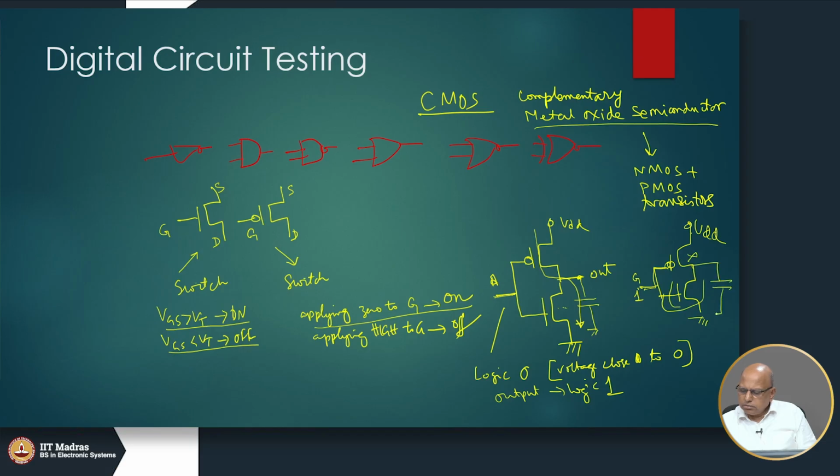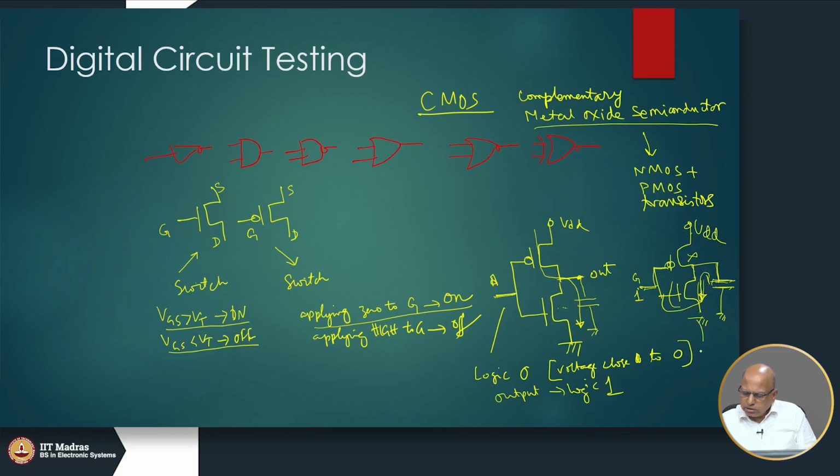And if there is a capacitance here which is charged, that will find a discharge path. So, soon the output capacitor will get discharged, and when the output becomes close to 0, then the NMOS will not conduct anymore, because there is not enough voltage across drain and source. So, this will also turn off, and the output became 0.